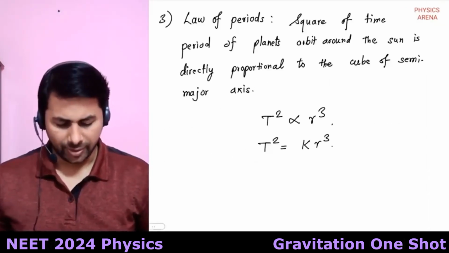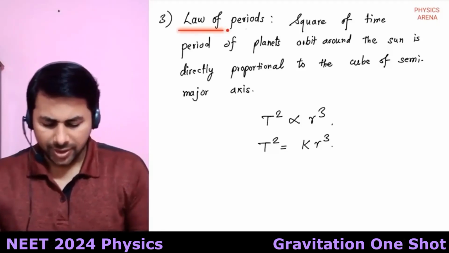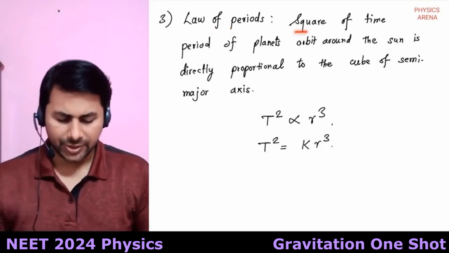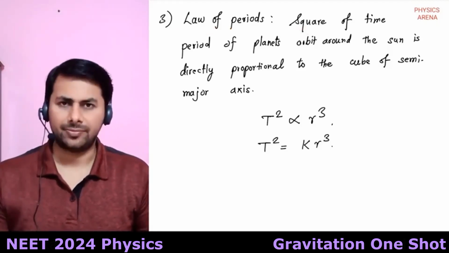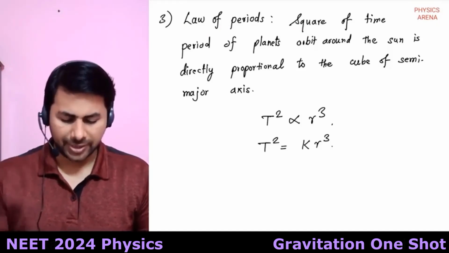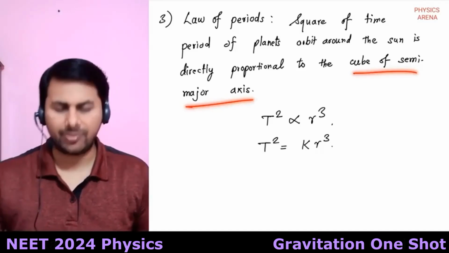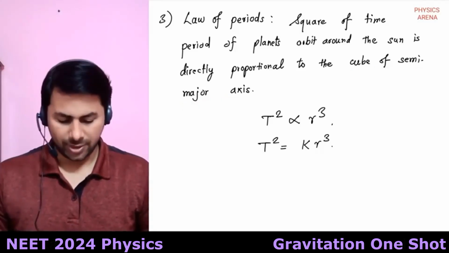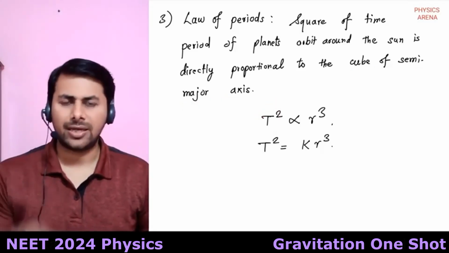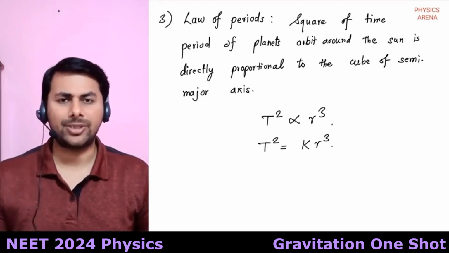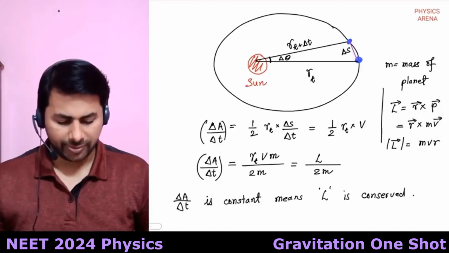Okay, good. After that, next is the law of periods. So the square of the time period of a planet's orbit around the sun is directly proportional to the cube of the semi-major axis. So what is the semi-major axis?